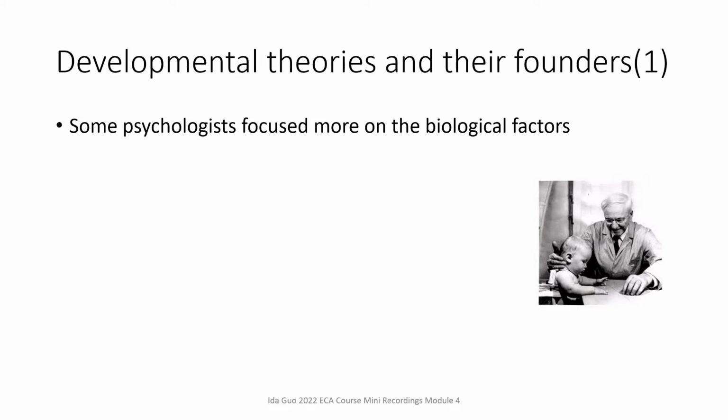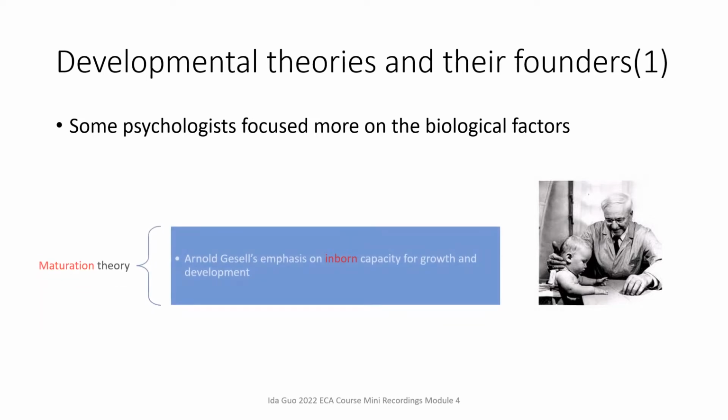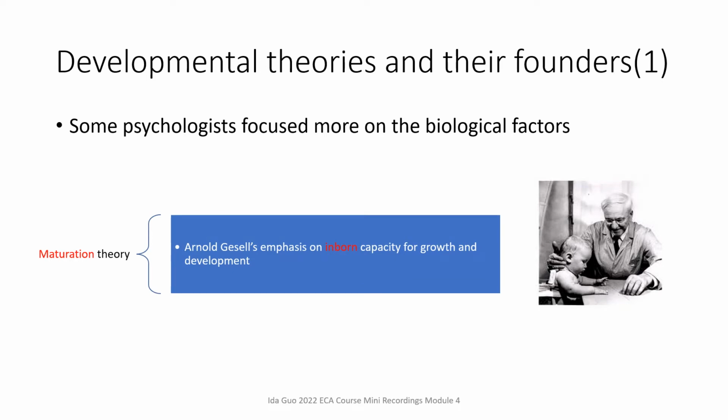He was the one that did lots of trial observation, experiments, and he really inspired lots of psychologists later on. So his name is Arnold Gesell, and his theory is called maturation theory, and he focused on the inborn capacity for growth and development.